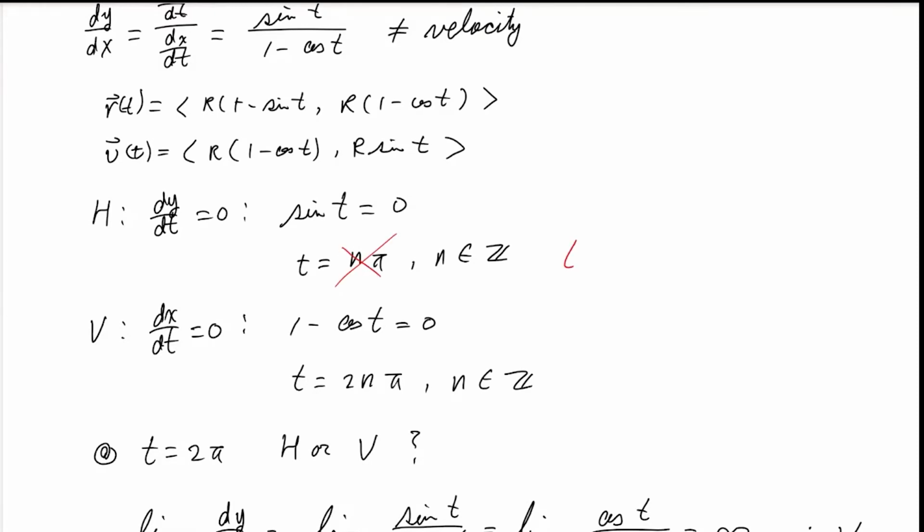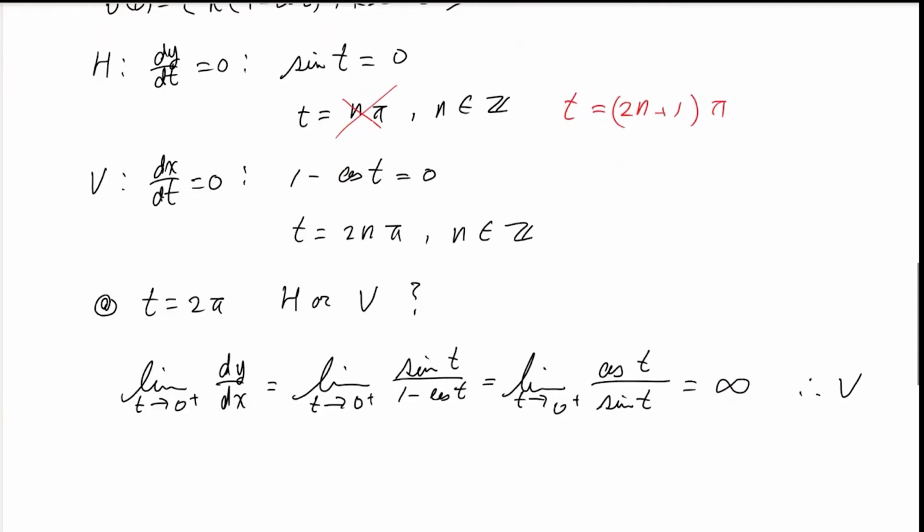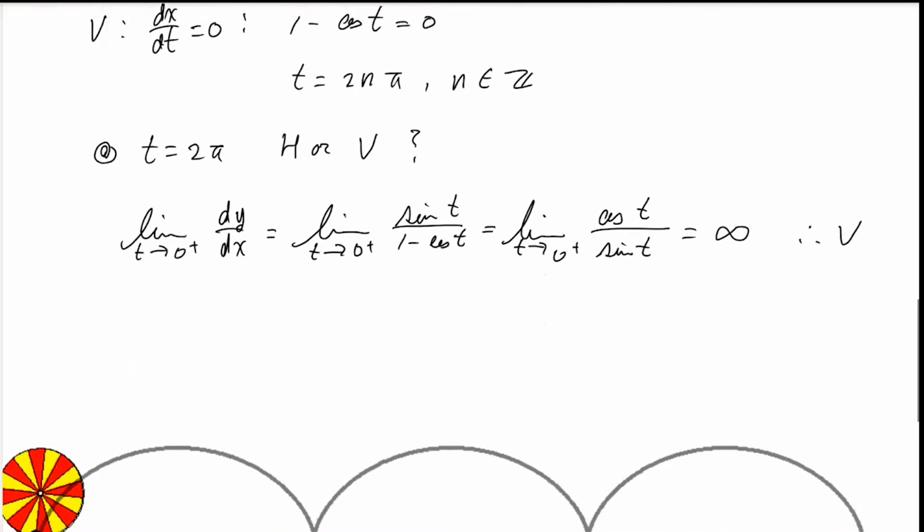So we have to say t is equal to (2n plus 1) pi, in order to make it just the odd numbers, because at even numbers this is vertical. So far with me? Questions?